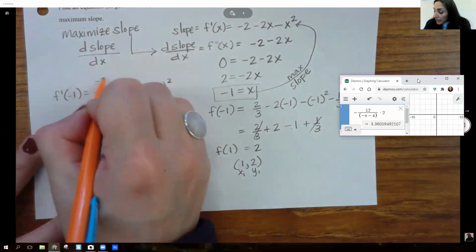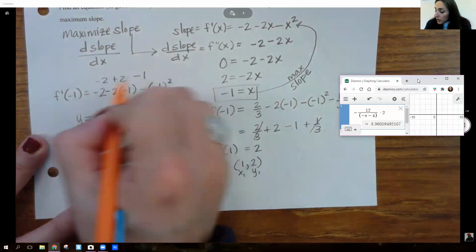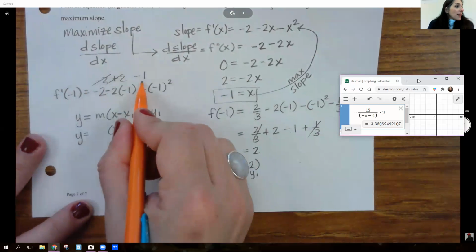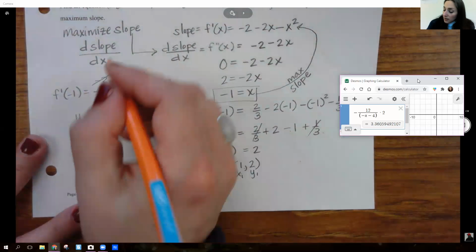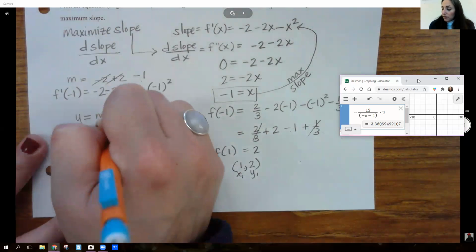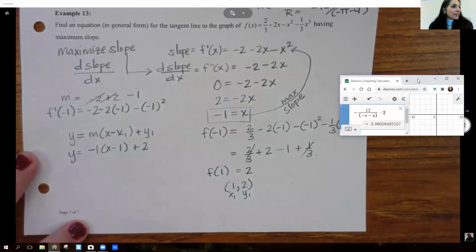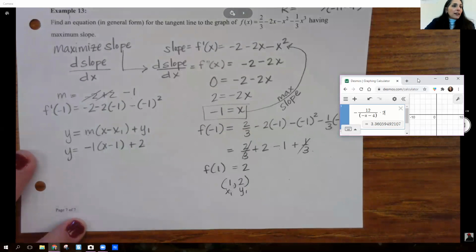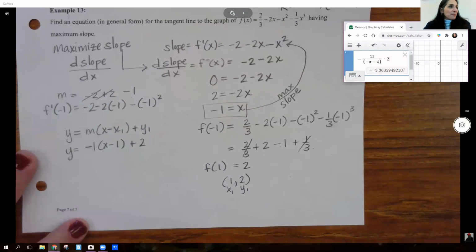So this will be -2 plus 2 minus 1. So that maximum slope is actually -1. So this represents your m, and that goes right there. Okay, we went through that kind of fast, so if you need to go back and rewatch this or pause it in a couple of spots, that's example 13.